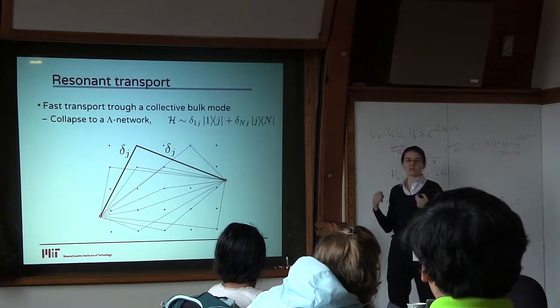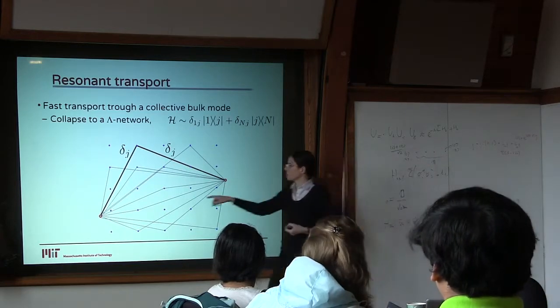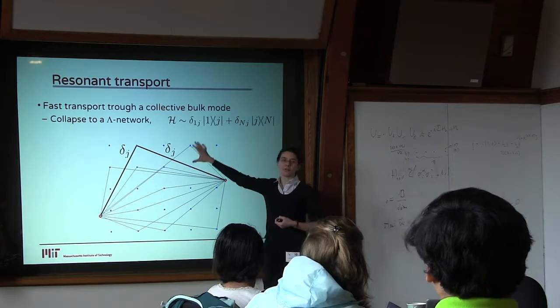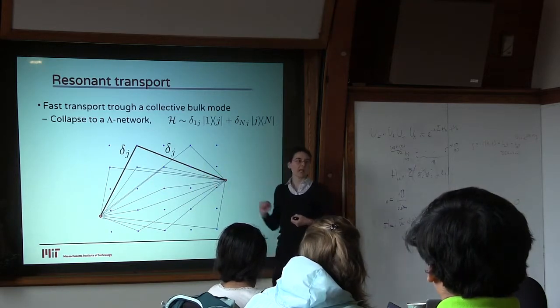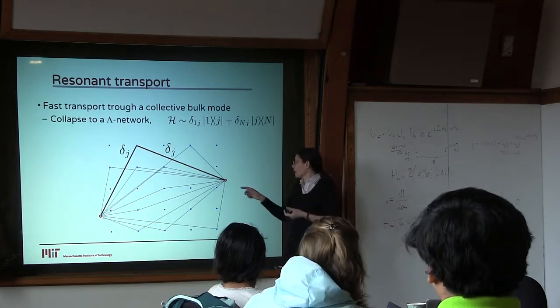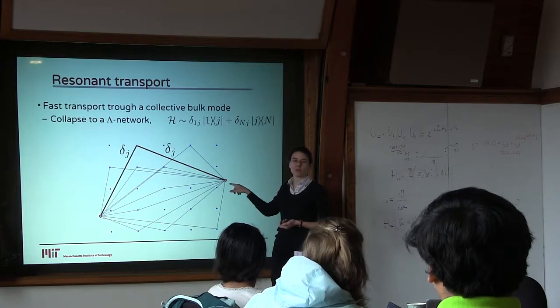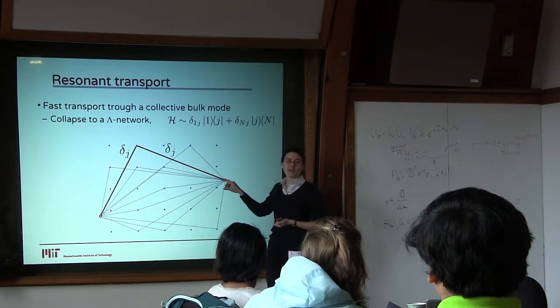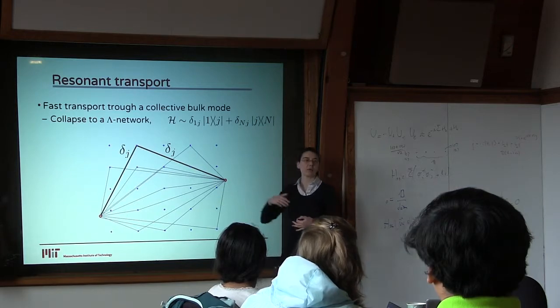You can have a resonant coupling between the 2 spins at the end of the chain and the collective mode of all the network. And this allows for quite fast transport, which is now quite robust. So it is fast, although of course it's limited by how weakly you need to couple the spins, so that the spins are only coupled to this collective mode and not all the other modes in this.